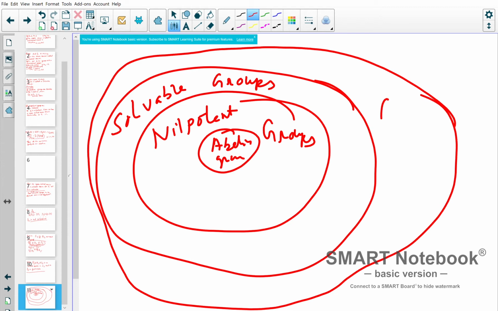So this is the containment relation between these special kinds of groups.